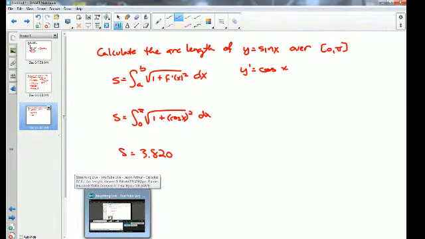Okay. Hoping that David's right. The book has 3.820 as an approximation, so that's about it.